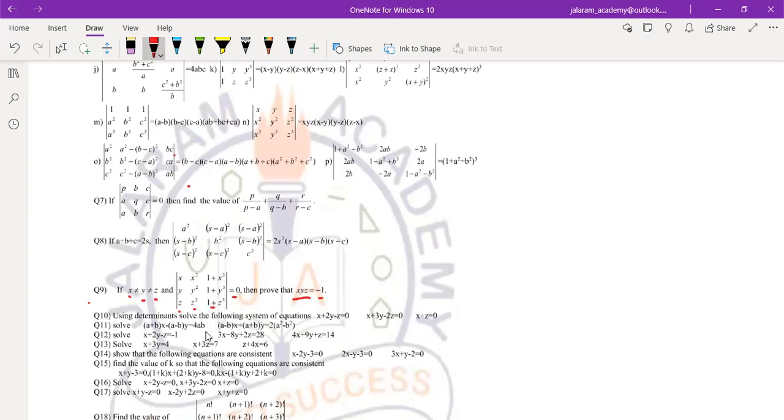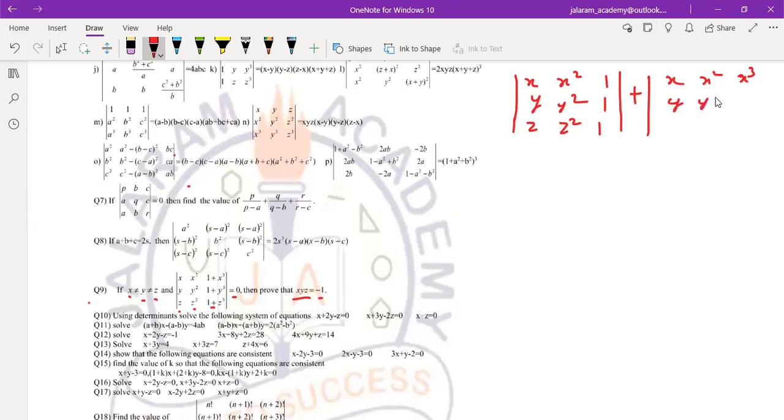So if we switch it along the third column, it becomes the determinant x, x square, 1; y, y square, 1; z, z square, 1, plus the second determinant, which becomes x, x square, x cube; y, y square, y cube; and z, z square, z cube, and it is already given that it is equal to 0. So we write switching about C3.